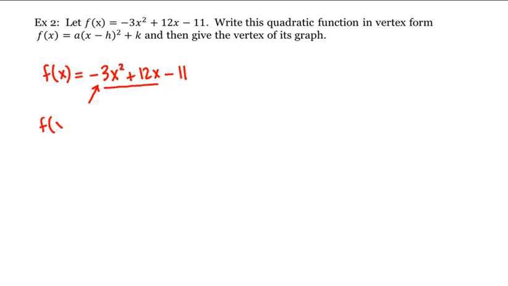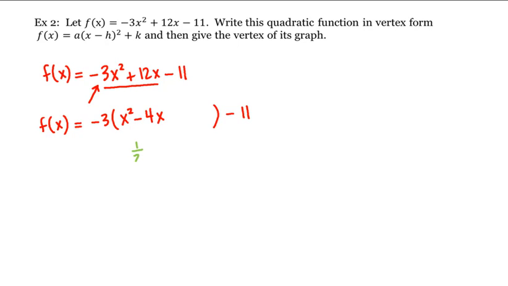That is, we have f of x is equal to negative 3 times x squared and then minus 4x, because negative 3 times negative 4x is positive 12x. And then let's leave a little bit of room here. And then we still have the minus 11.